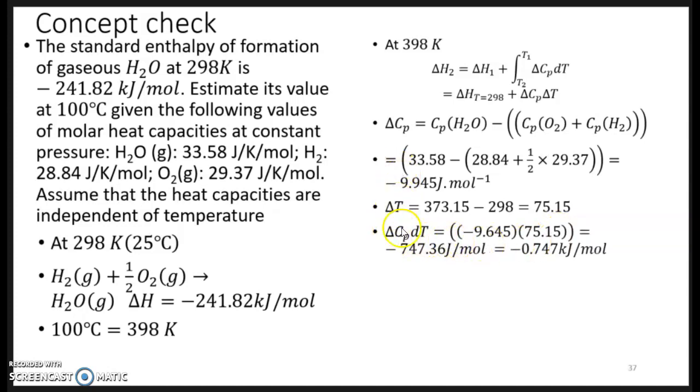If we multiply these two together, we get minus 747 joules per mole. And recall again that you have to convert this to kilojoules per mole, so that's minus 0.75 kilojoules per mole.